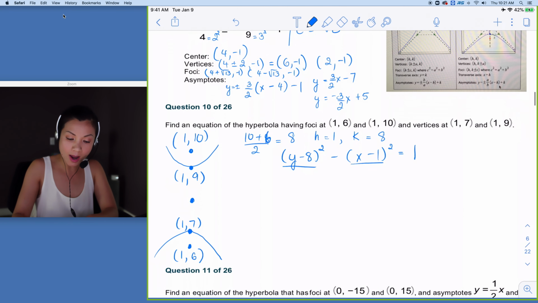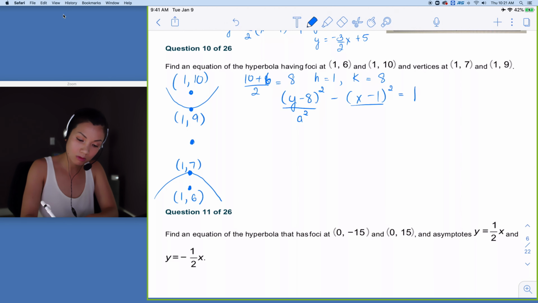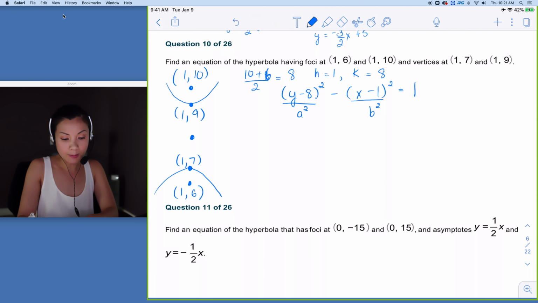So for a, a is going to be the distance from the vertex to the focus. You see right here, we have from 10 to 9, that's 1, right? From 7 to 6, that's also 1. So we know that a is going to be 1. Therefore, a squared is still 1.